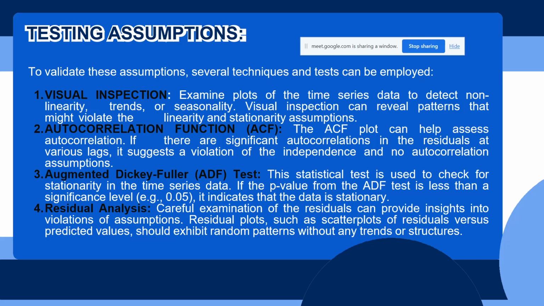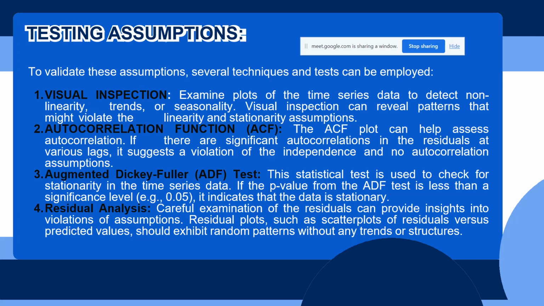ACF plots help identify potential issues with the residuals' temporal dependence. For example, you calculate and plot the autocorrelations related to the residuals. If there's a significant correlation at various lags, it implies temporal dependence and the residuals violate the assumption of independence.